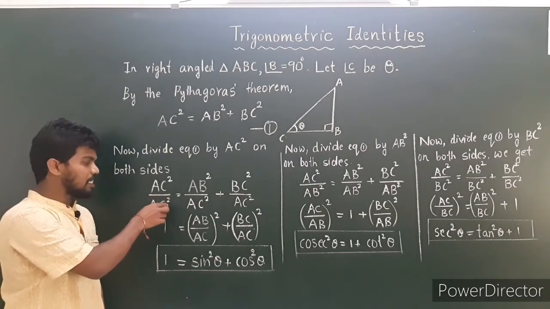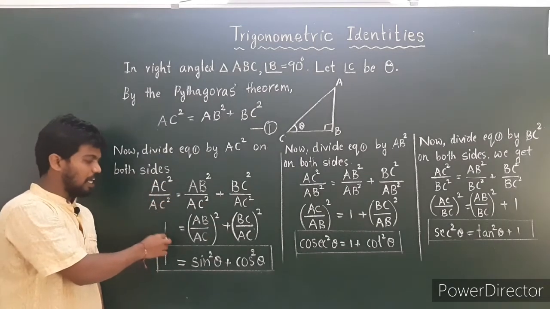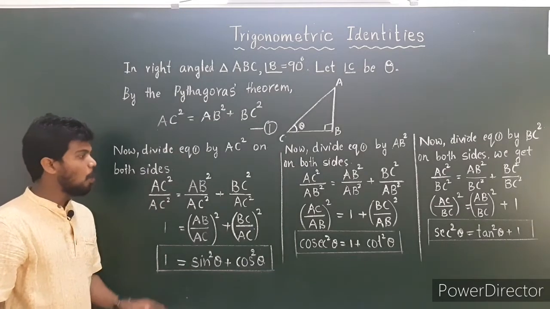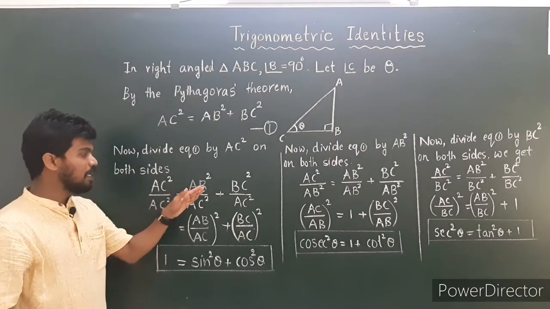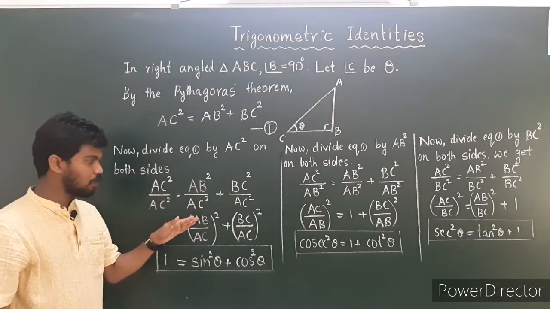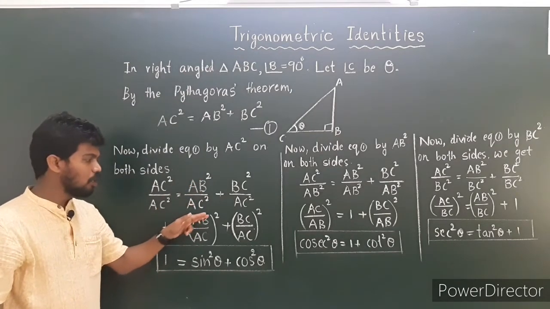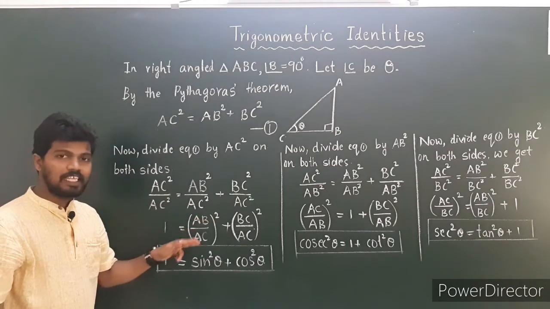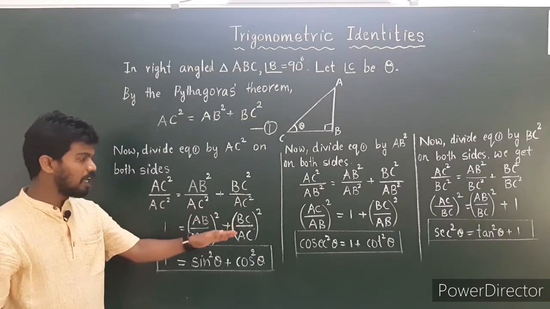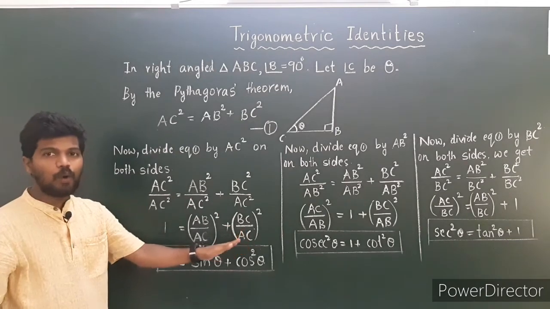AC square gets cancelled and you get 1. Now AB square divided by AC square, the square is common in numerator and denominator, so you write AB by AC whole square. Similarly BC by AC whole square.